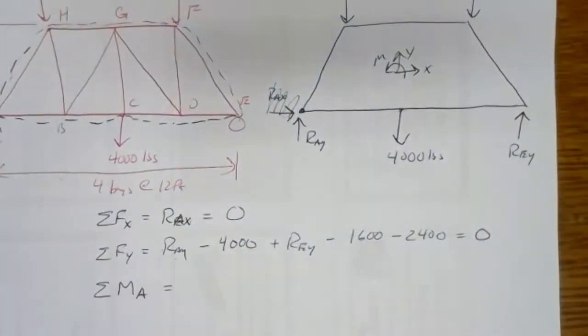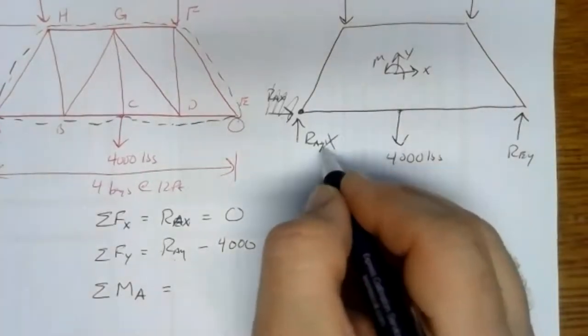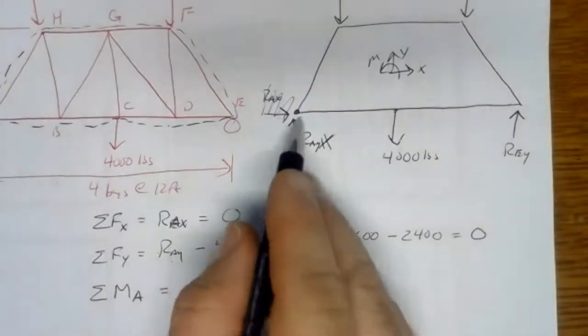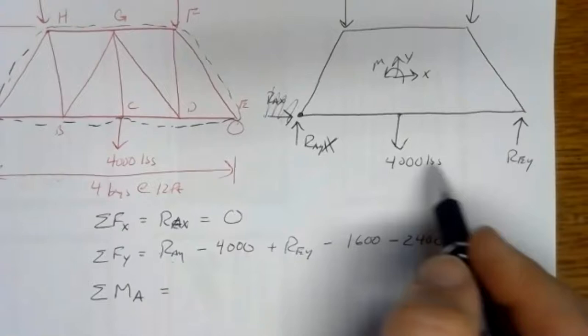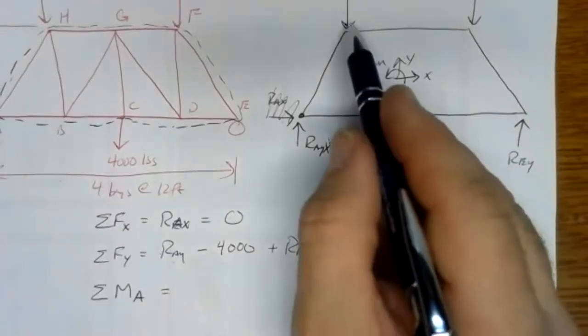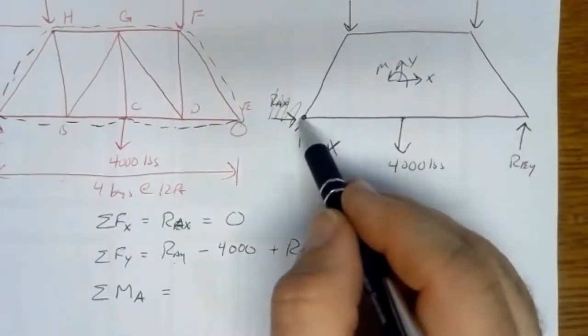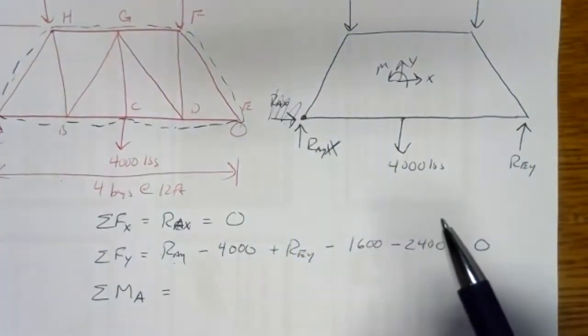Well, if we look at the forces that are going to have moments about joint A, RAY is not, so cross there. RAY will not have a moment since it pushes up against the joint. Its line of action goes through the joint, but every other force will. Every other force has some arm to it, some distance the line of action is from the pivot point.